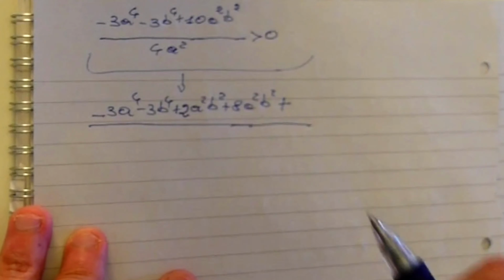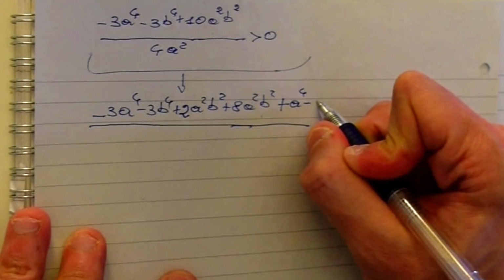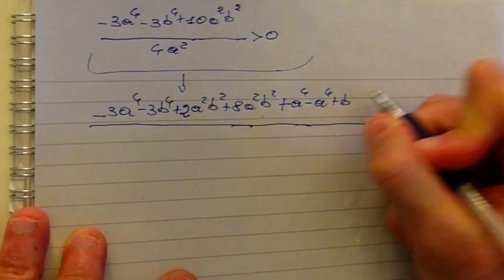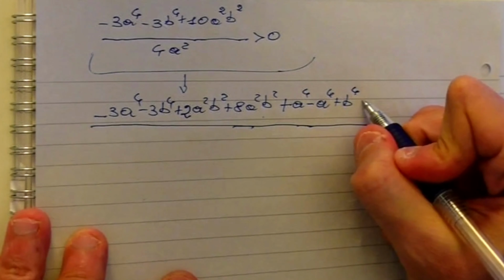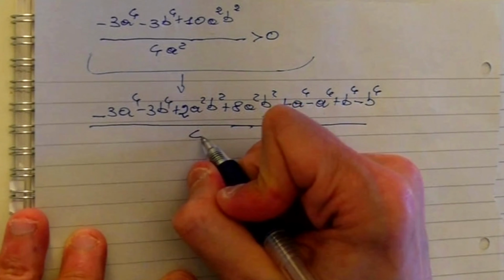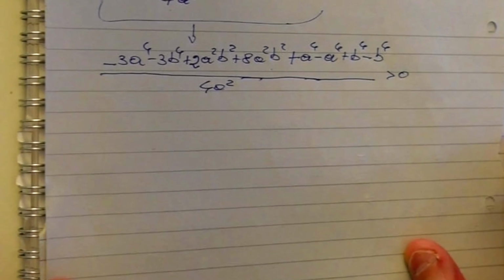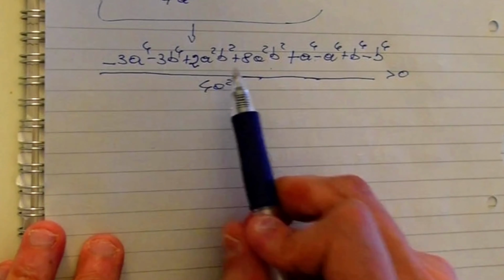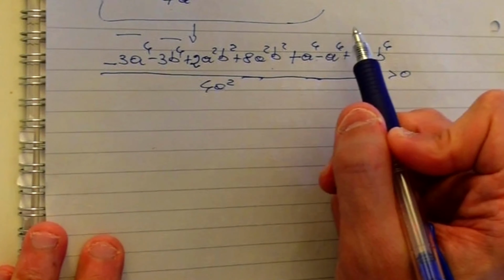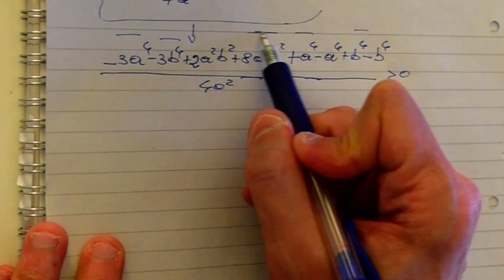So in this case, what we need is to add a to the 4th minus a to the 4th plus b to the power of 4th minus b to the power of 4th, and then again 4a squared positive. So as you can see, I don't know if it is clear, the pattern here involves this guy in here and this guy in here.